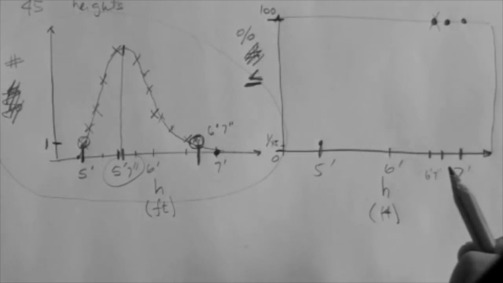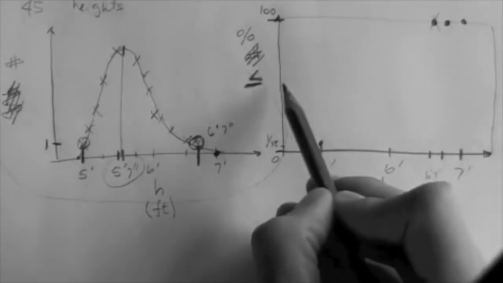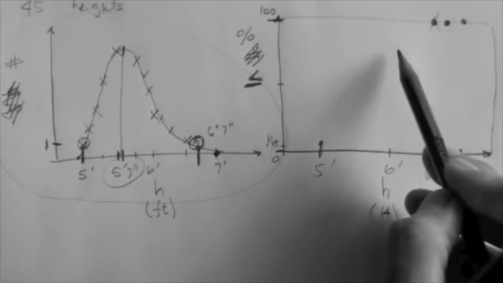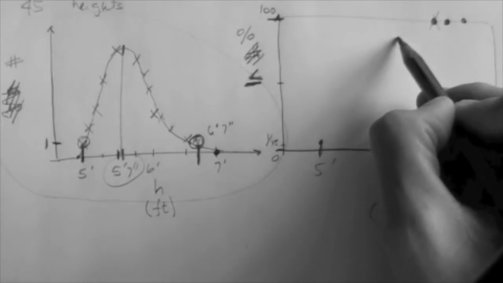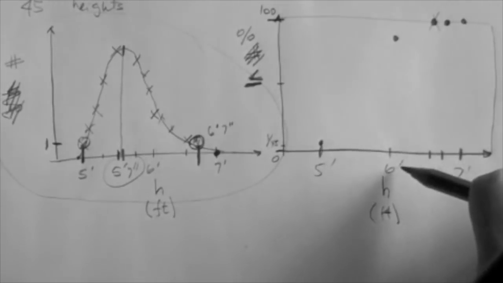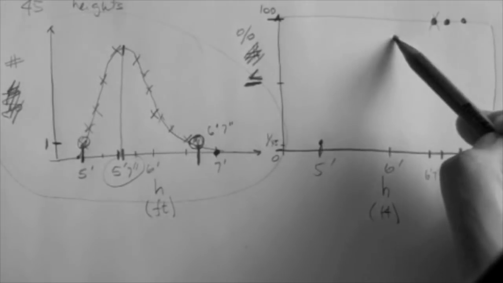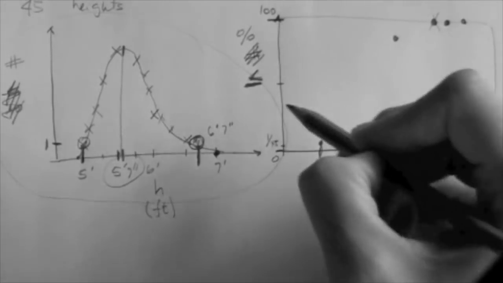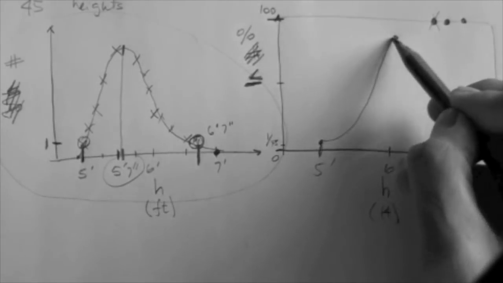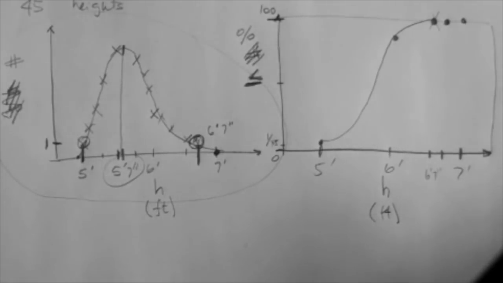That's that point. Okay? What percentage of the class is smaller than or equal to 6 feet? Well, most people are. About 90% of the class is shorter than or equal to 6 feet. Etc. So what we get here is a plot that looks like this.